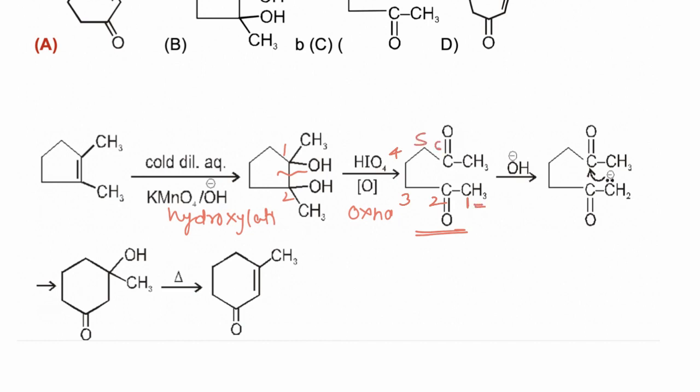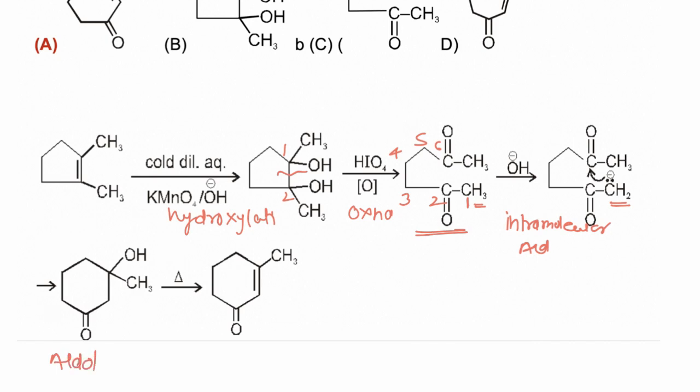Hydrogen is eliminated from this carbon. Now this is the nucleophile and there is a possibility of intramolecular aldol condensation. So now this will act as a nucleophile and we will get an aldol.